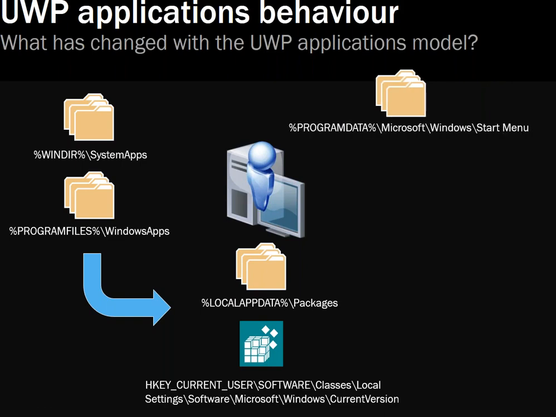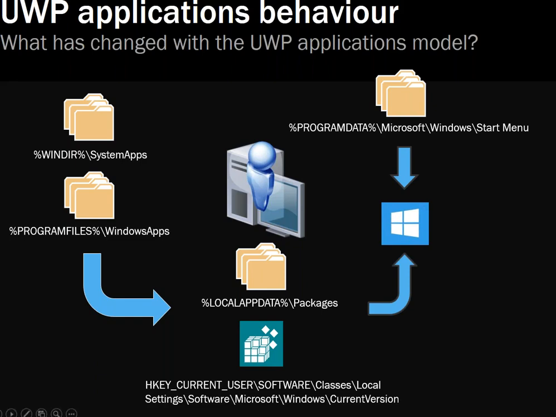So down here, the local app data Packages tells it what UWP apps to put on the Start menu, and it then merges that with the old classic Start menu folder in the ProgramData folder, which contains your legacy apps, and merges these together to produce the left-hand side of the Windows 10 Start menu.